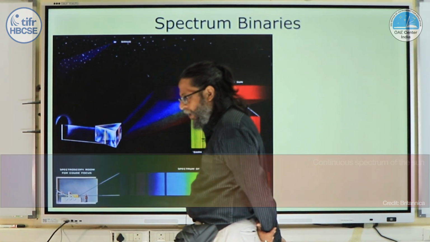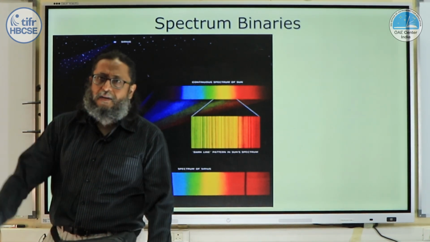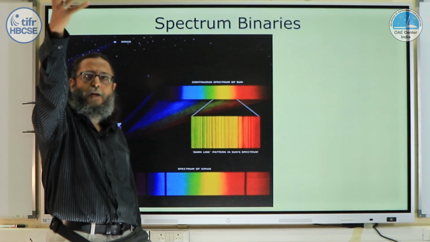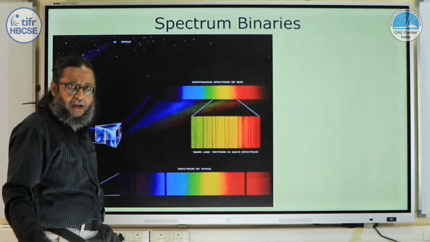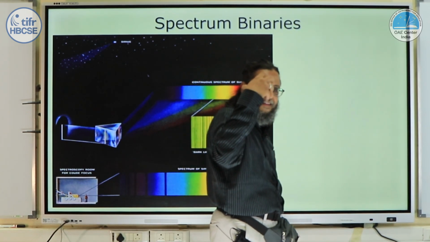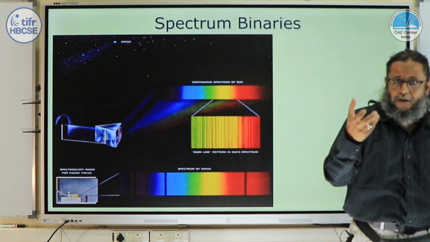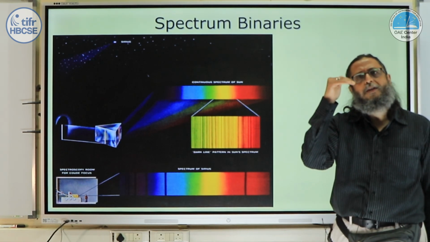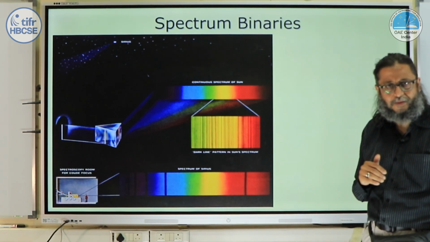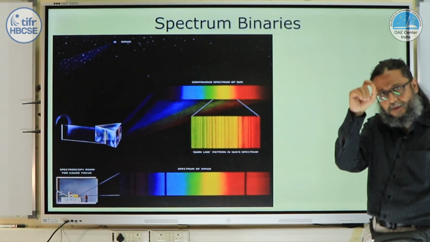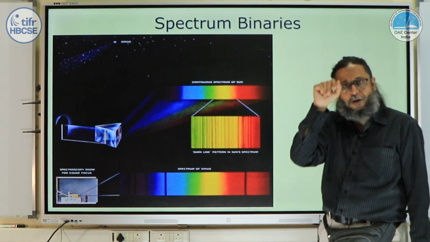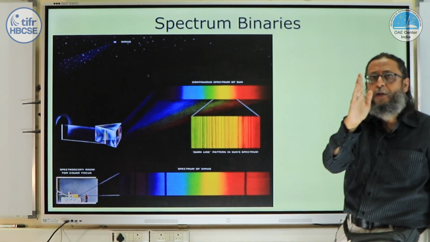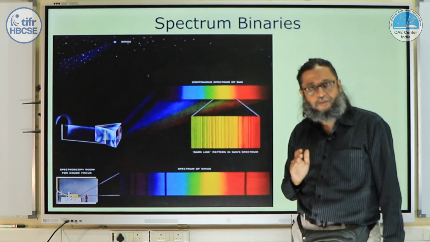Now, if the light that is reaching you is obstructed by some medium, and that medium has atoms which have energy levels corresponding to certain discrete energies, then those particular atoms or molecules will absorb the photons at particular discrete wavelengths.